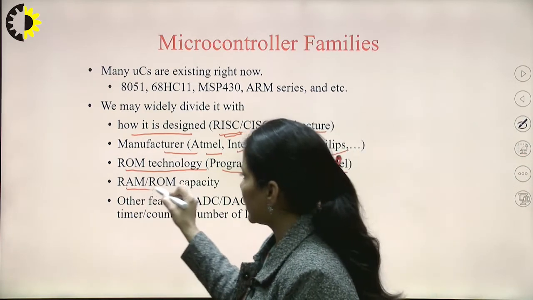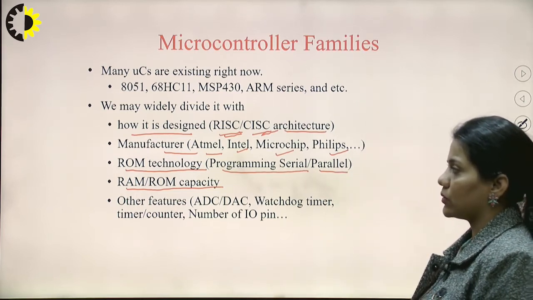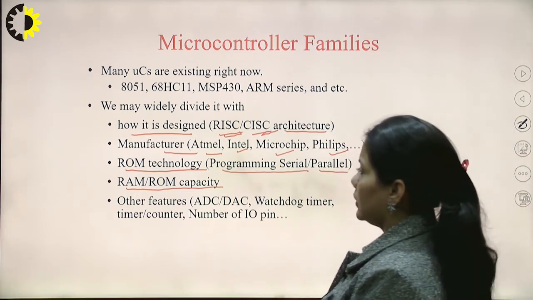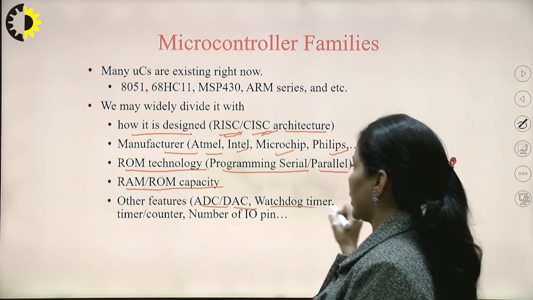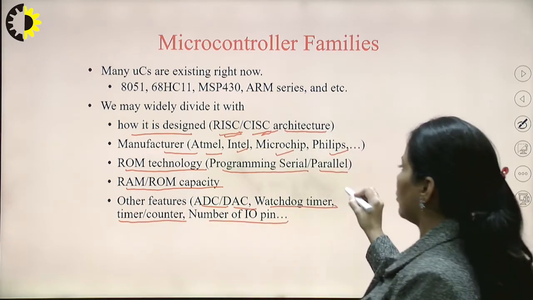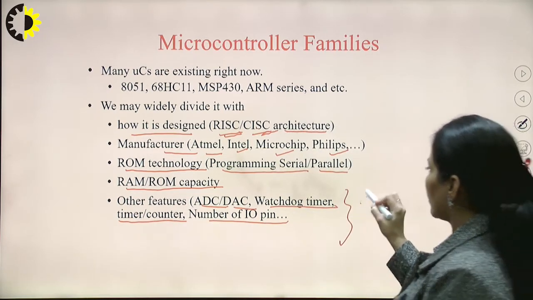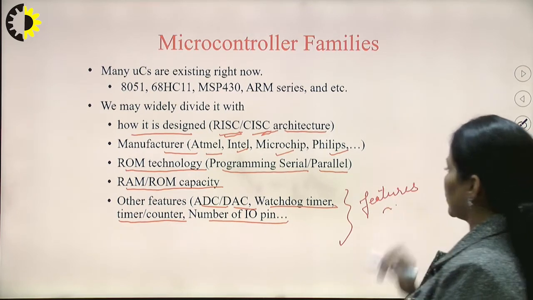According to the ROM and the RAM capacity, we can categorize our microcontrollers again. Other features like ADC or DAC, watchdog timer, timer and counter, number of input-output ports. According to these different features, we can categorize the microcontrollers.